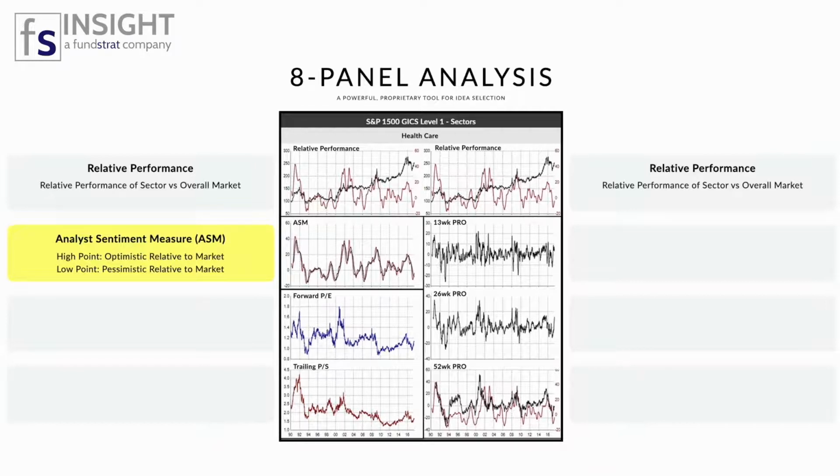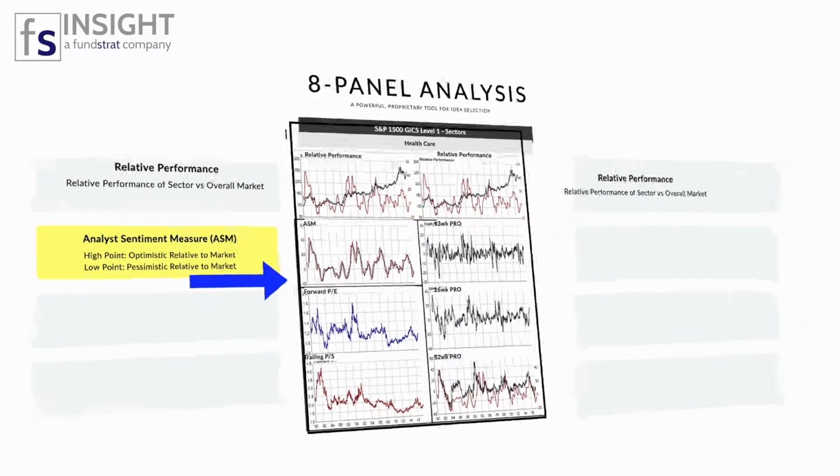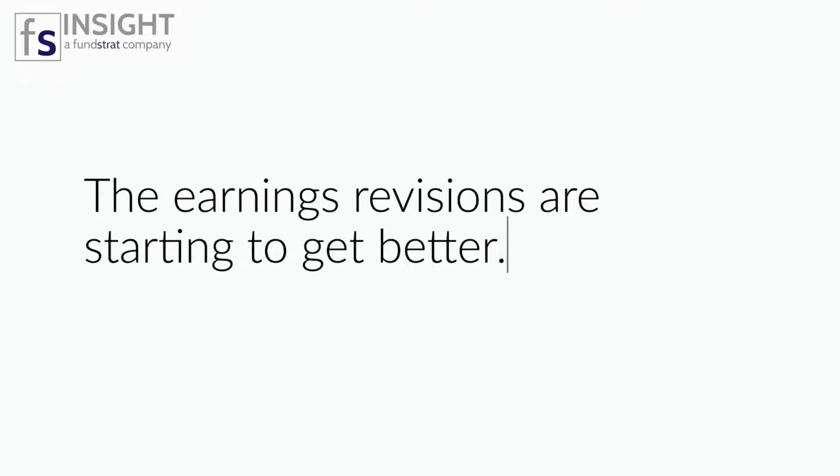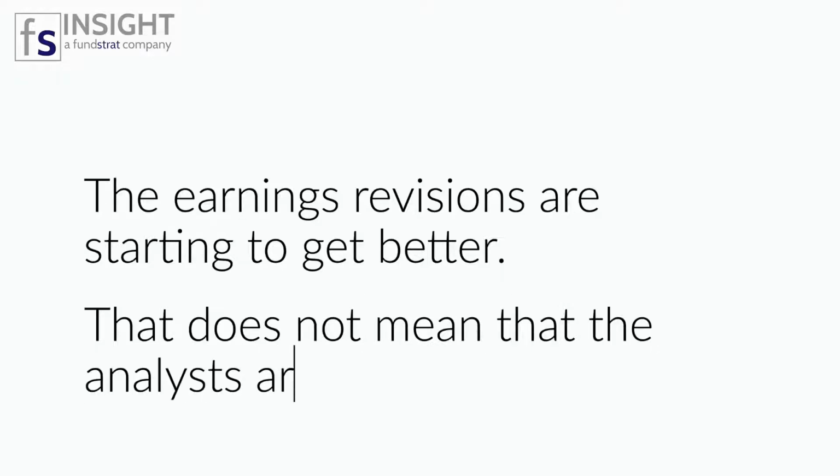You'll notice that these very low readings, before we begin to what we call positively inflect or have a second derivative turn, the index, the scale, has a minus sign in front of it. So what does this mean? When I use the vocabulary that the earnings revisions are starting to get better, that does not mean that the analysts are raising numbers.